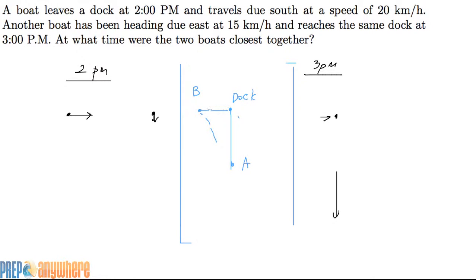This one is in the middle of arriving, and this one is somewhere in the middle of traveling south. So we want to know, when is this distance, the distance between the two boats, the shortest? That's the question. Let's call that S.